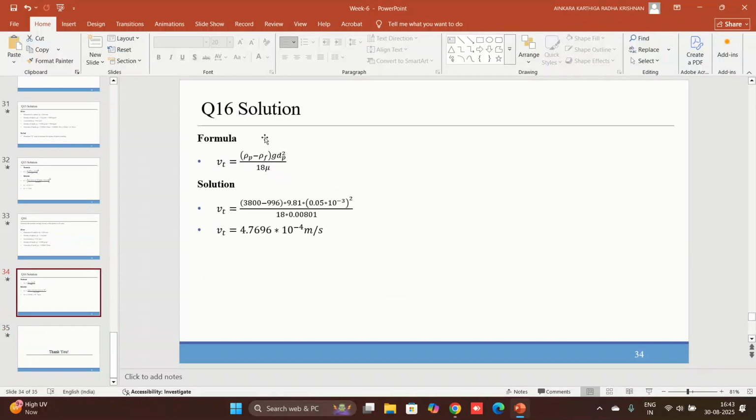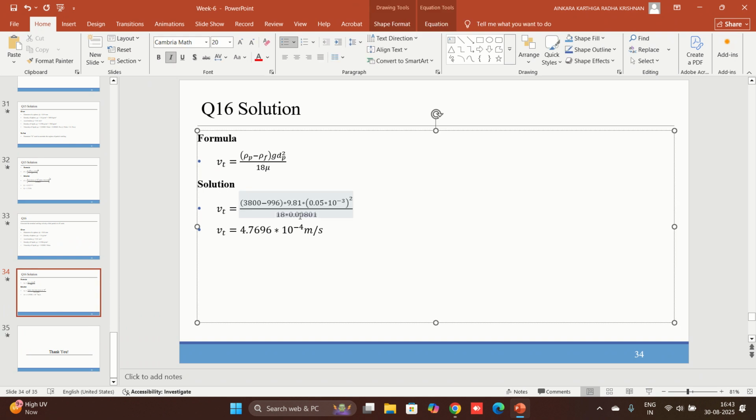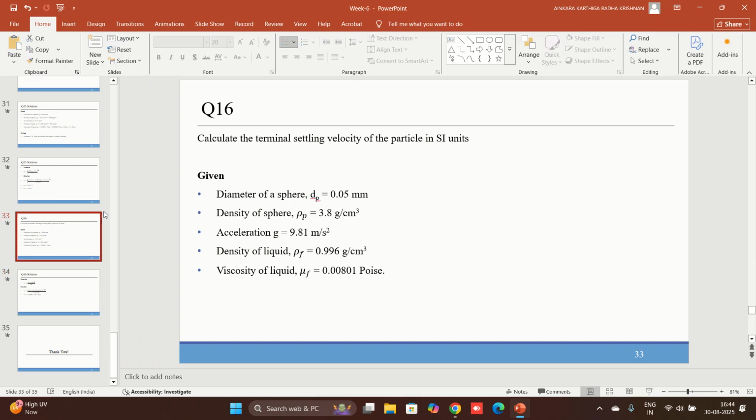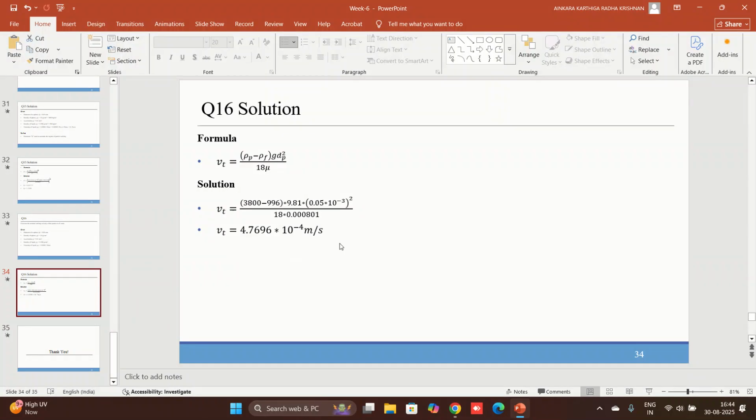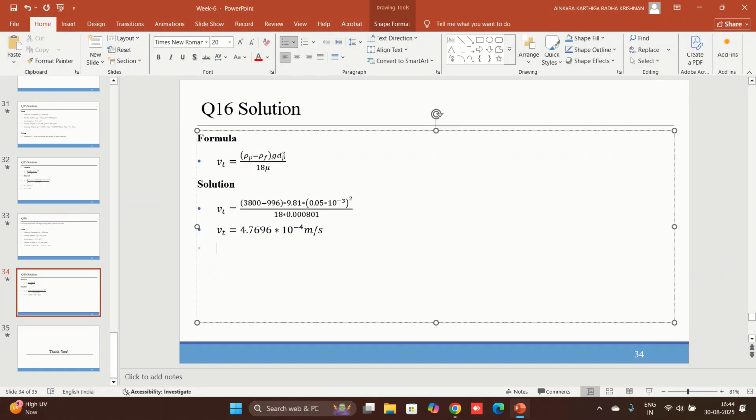Again, we need to verify it with the Reynolds number. I'll verify this, because if it is wrong, I don't want to give you a wrong numerical.